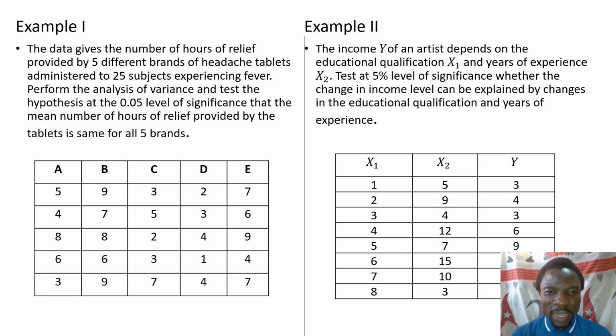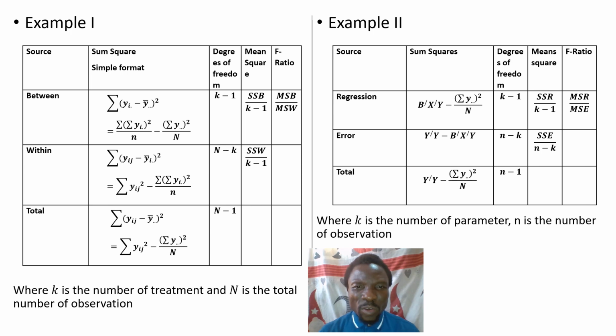Now, in the data provided, we can see some uniqueness in these different tables. We can see A, B, C, D, E as treatments, and we can see X1, X2 predictors as against Y response variable. So the two examples will be approached differently, and the analysis of variance table is also presented differently.